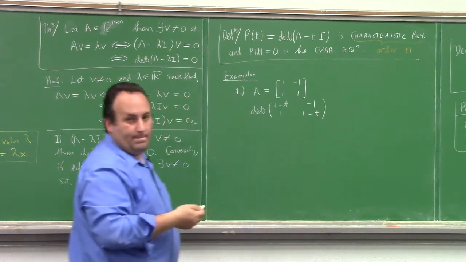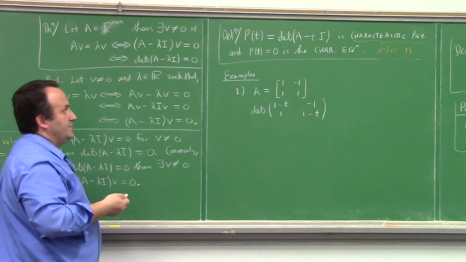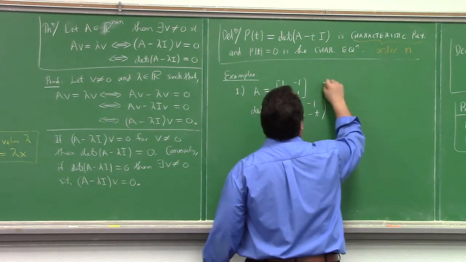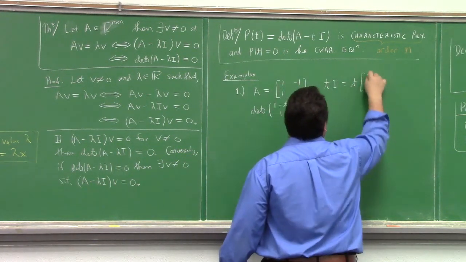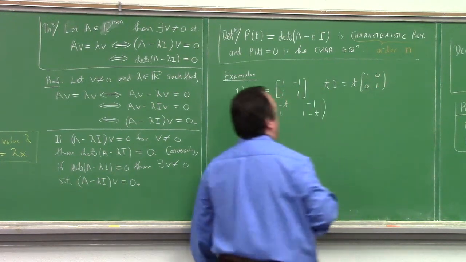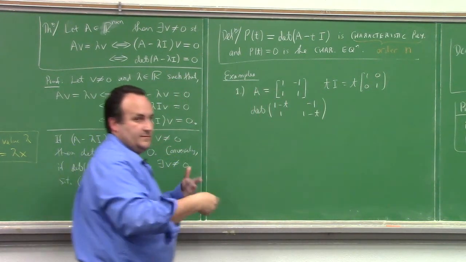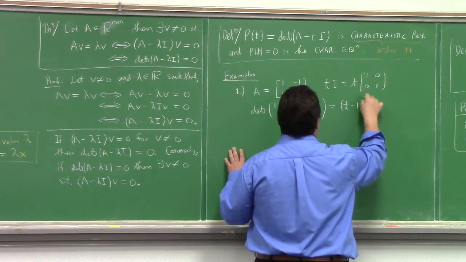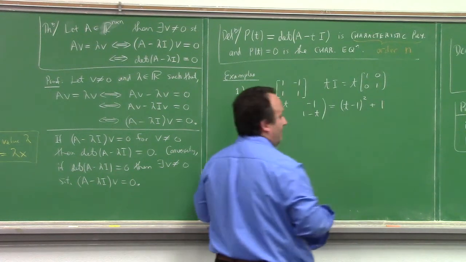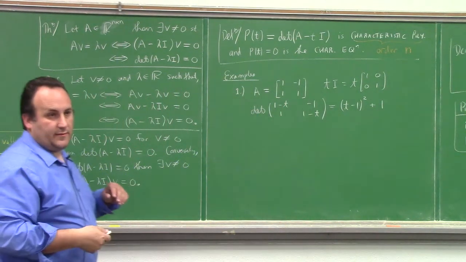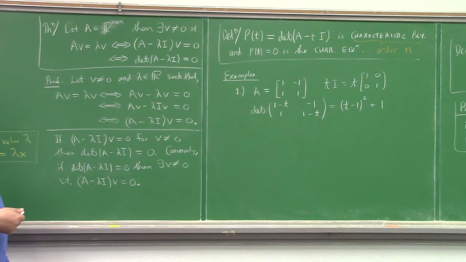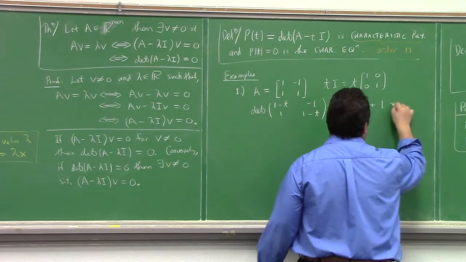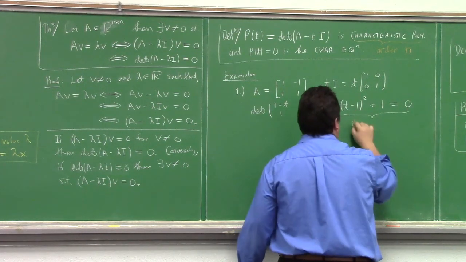What's that? So we've got t minus 1 squared plus 1. Now, set this equal to 0: no real solutions.